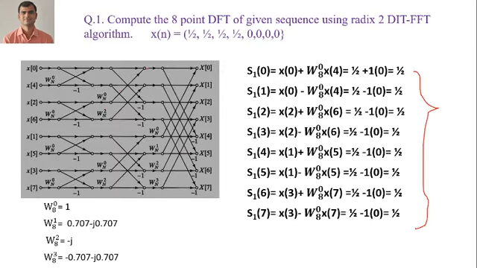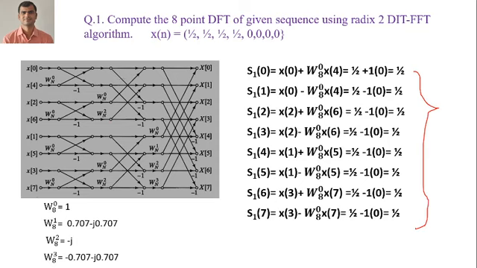See here, this is the value of S1 of 0. It is the addition of S1 of 0, that is the output of stage 1, S1 of 0 plus S1 of 2, W80 is equal to 1. Now here it is S1 of 1 plus S1 of 3, W82.